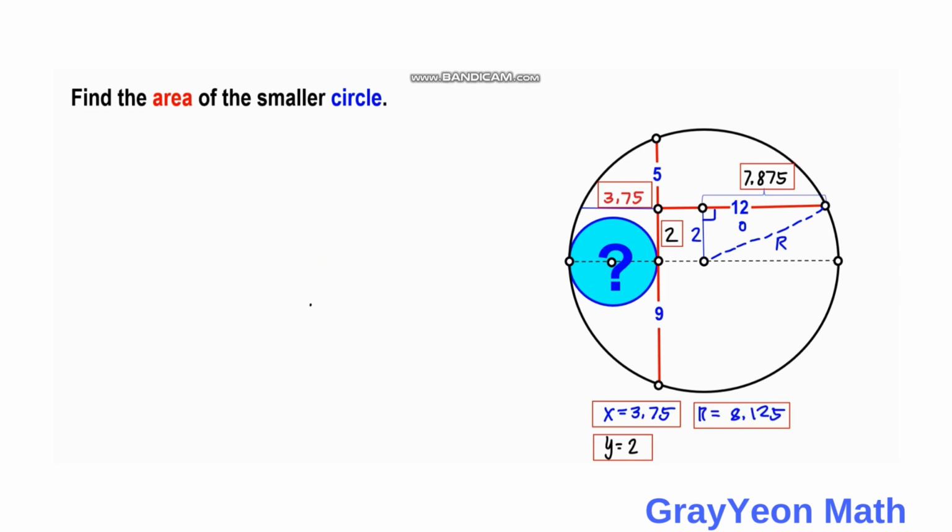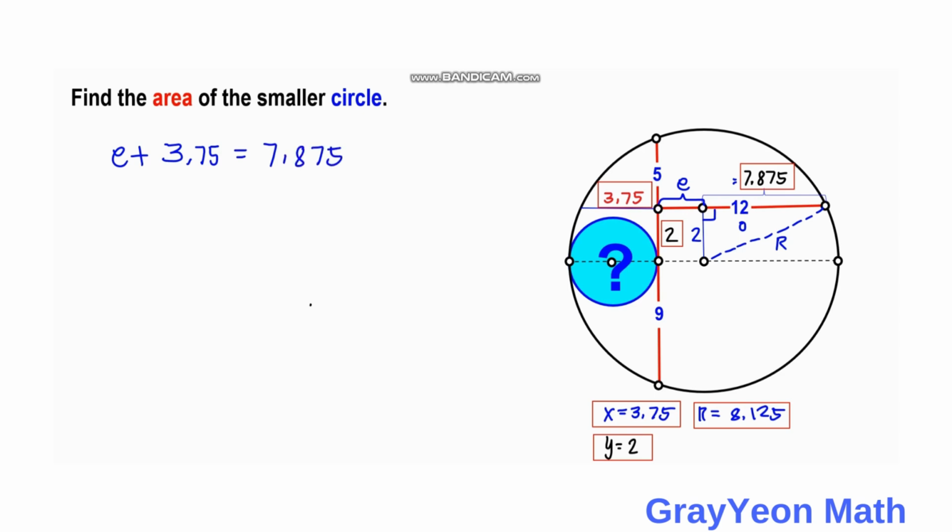Okay, so next we get this length. We can call this E. As you can see, this is part of half of 12 plus 3.75, and half is this 7.875. So this 7.875 is composed of E plus 3.75.